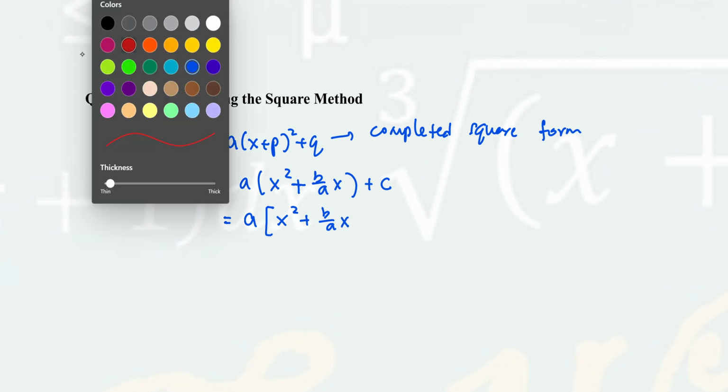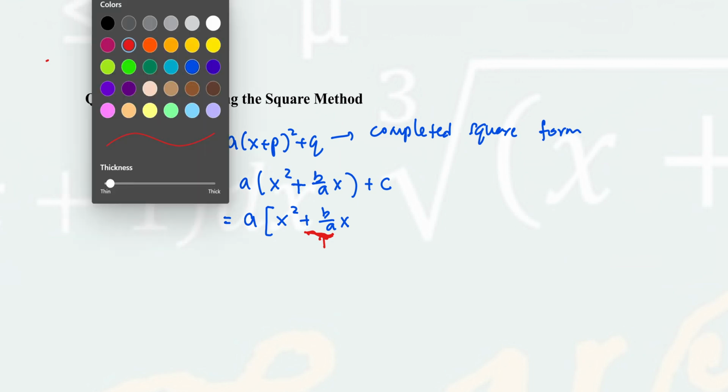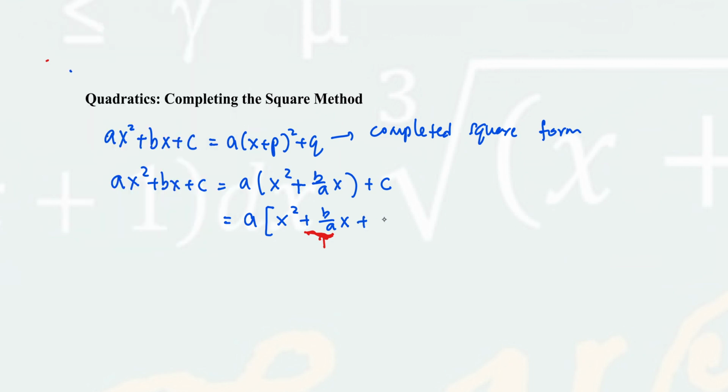And now the next step is the coefficient for x is basically plus b over a. So we need to times half to this value, and then you square it. So it will be the square of b over 2a. So when you times half, it is a plus, right? And then you minus back the same term, followed by plus c at the back.